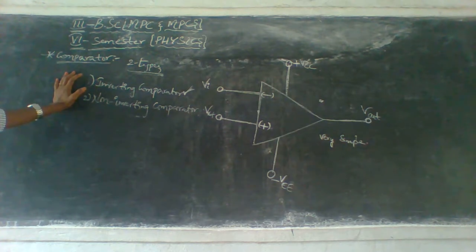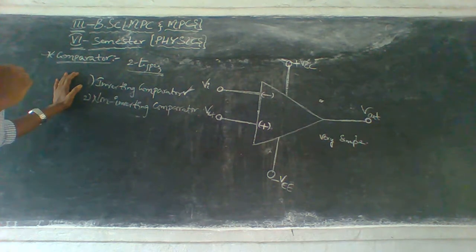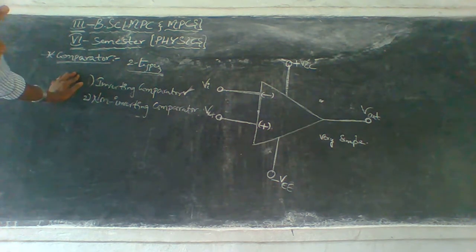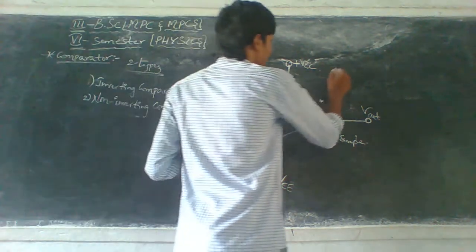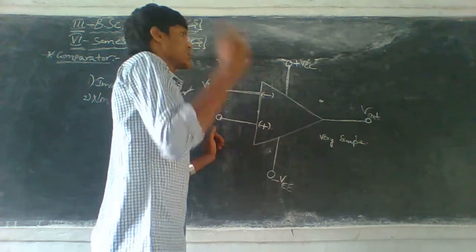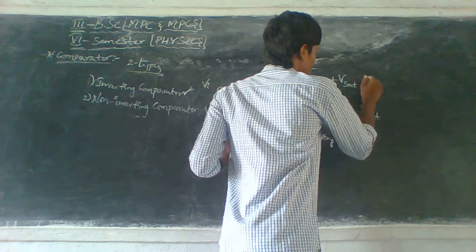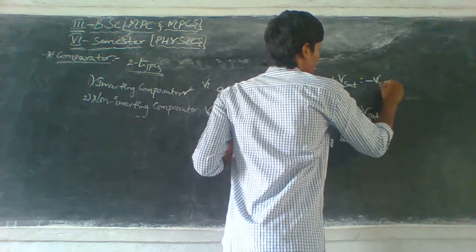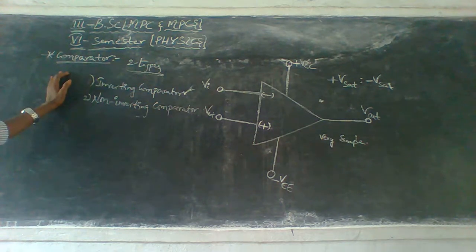It produces one of two values, that is, plus Vsat and minus Vsat. So it produces two signals: the first one is plus Vsat and the other one is minus Vsat.